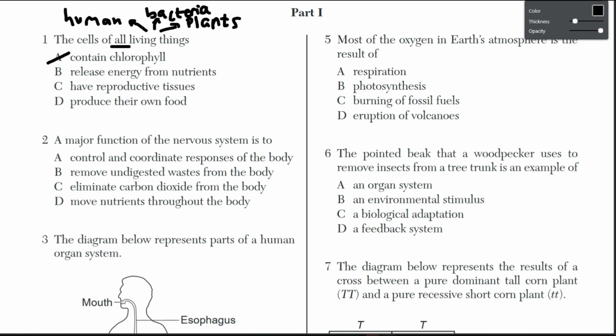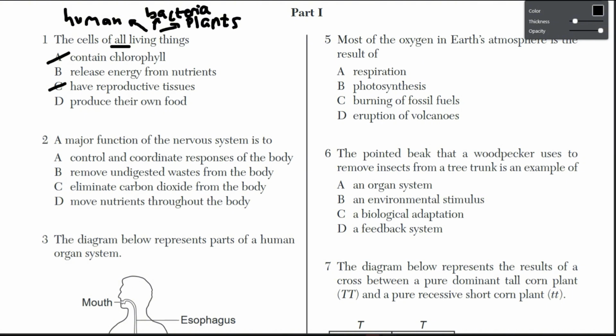Let's go to C, have reproductive tissues. Well, cells themselves build to make tissues eventually. There's a couple things wrong with this, but ultimately, we go cells to tissues. So no, we will not have tissues inside of our cells.